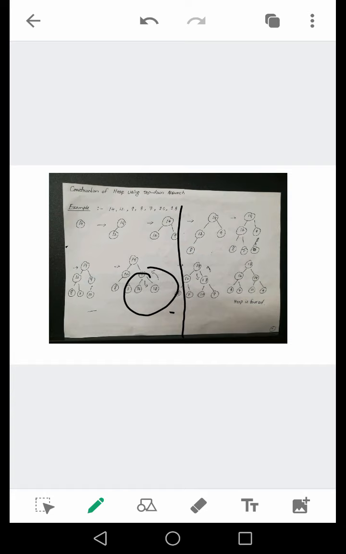So what do we do? We swap the value of node 18 with its parent node 9. After performing the swap, the tree will be like this: the root node is 14, and the left child is 12 and the right child is 18, and so on.